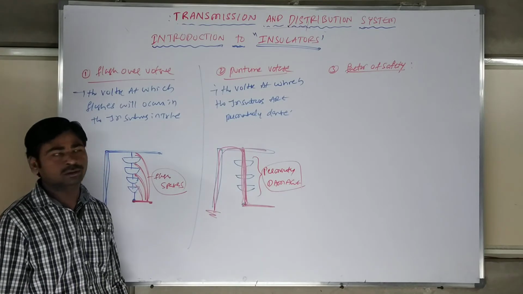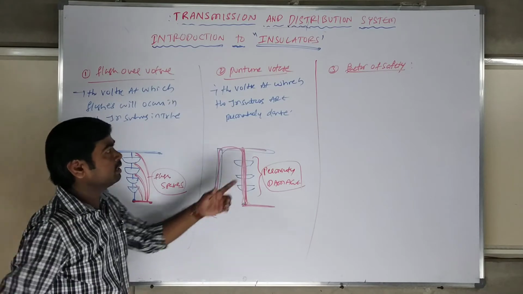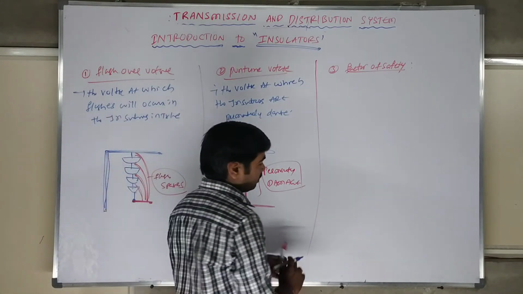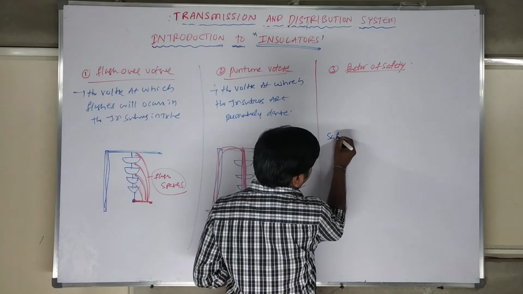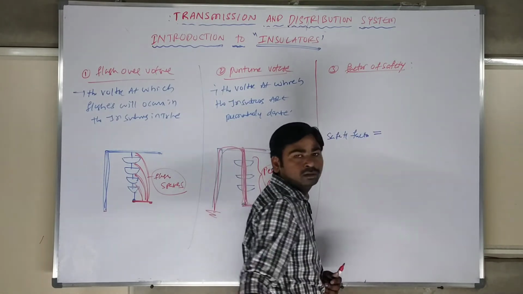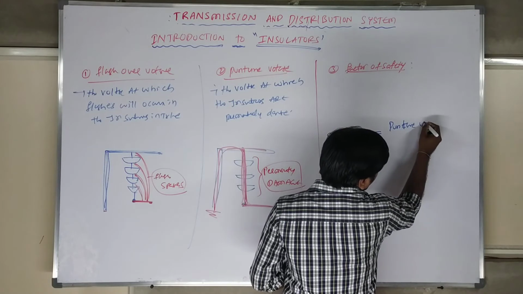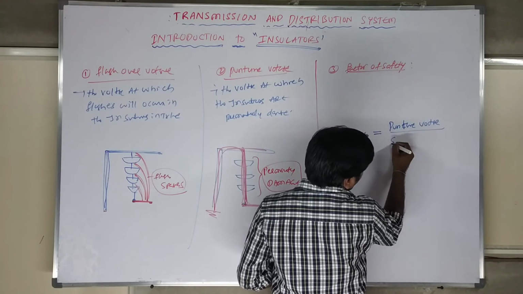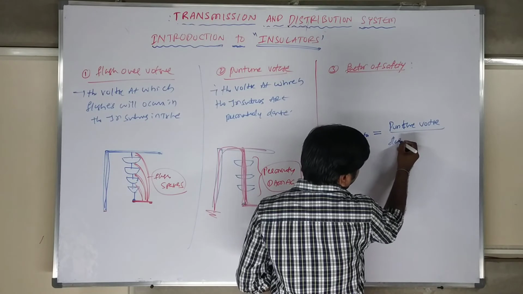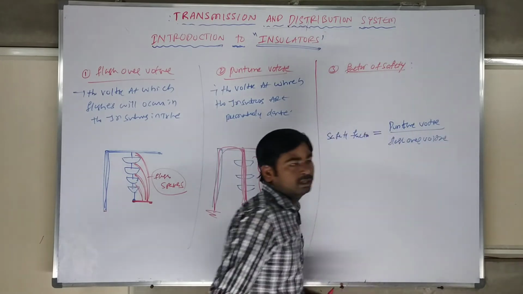Next, to explain these two concepts, we come to the factor of safety, or safety factor. The safety factor is the ratio of puncture voltage to flashover voltage.